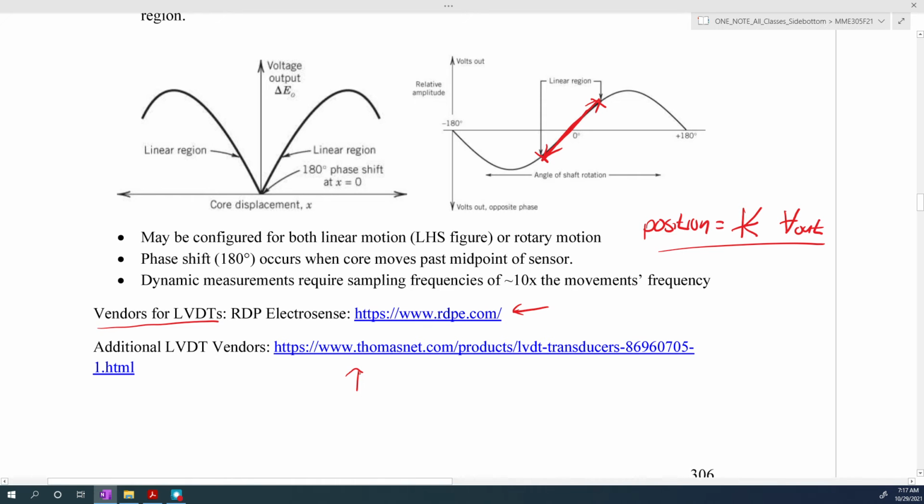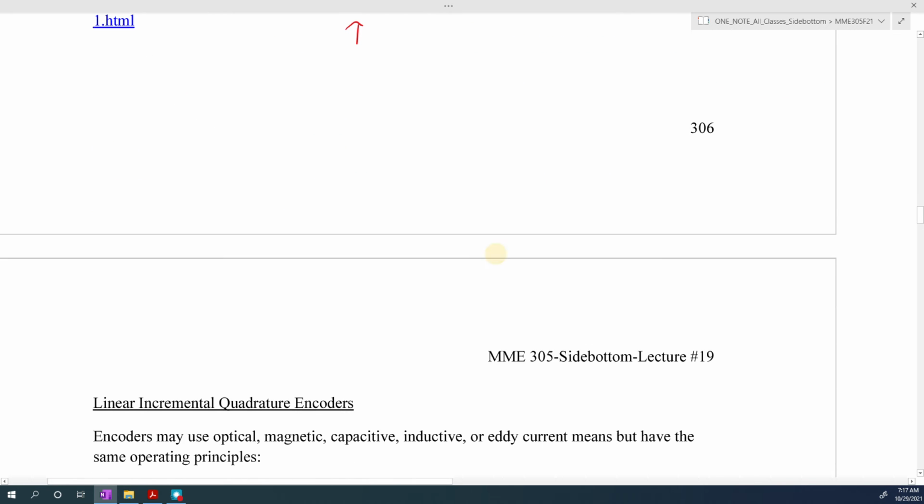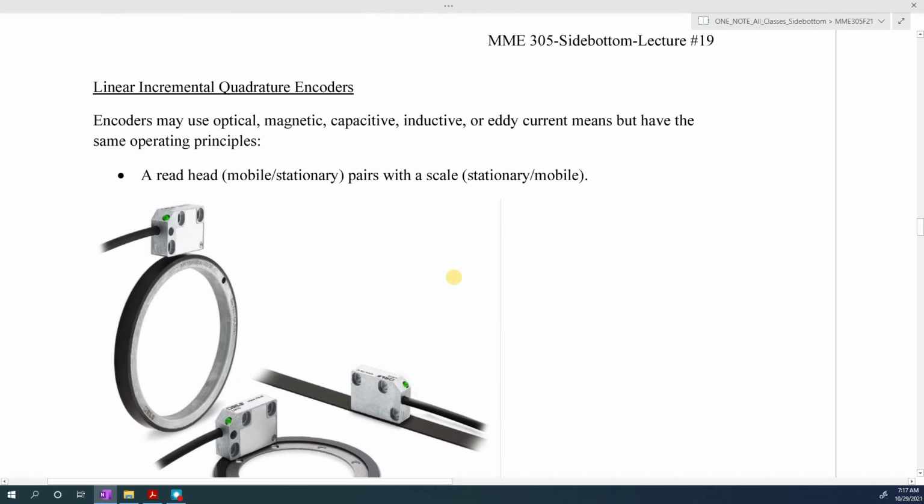The last two types of sensors we talked about, potentiometers and LVDTs, use analog voltages, and those are proportional to the position of the sensors. But the next couple of types are called quadrature encoders, and these are digital signals.